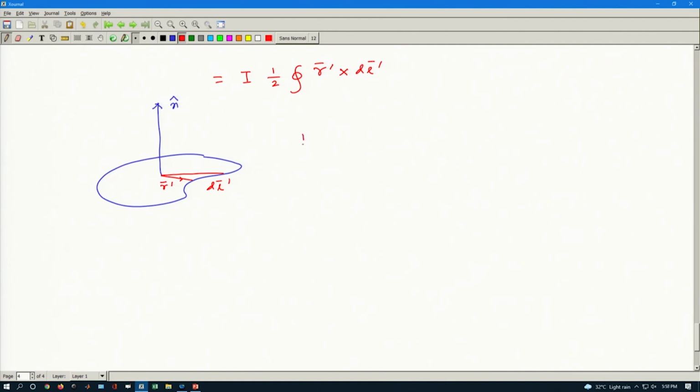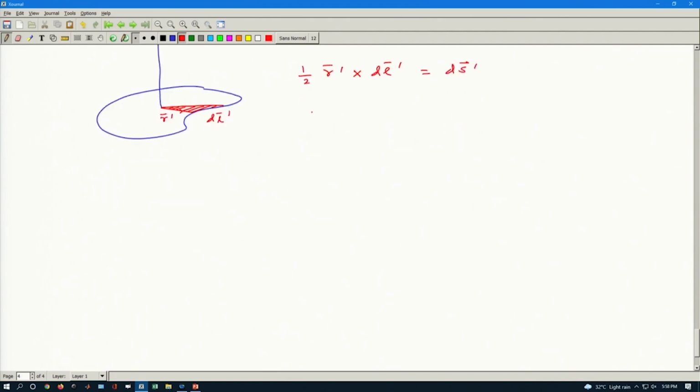So, half of r prime cross dl prime, that is the small area ds, and that is this shaded region. This is the area we are talking about.